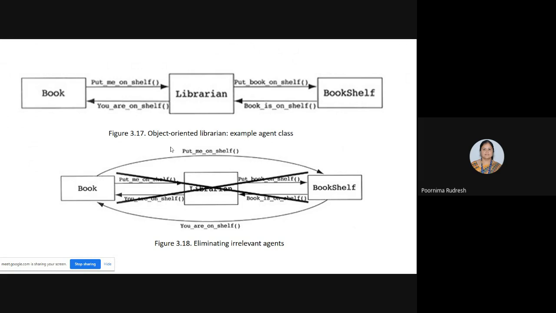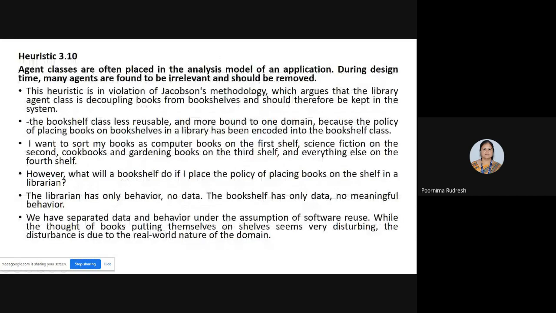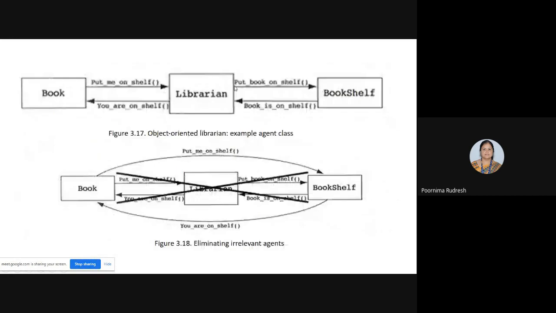So in order to avoid that, wherever possible, we create additional classes, which are called special classes or agent classes. In object oriented terminology, this special class, that is librarian, is called the agent class, and in the analysis phase, agent classes are modeled as classes.